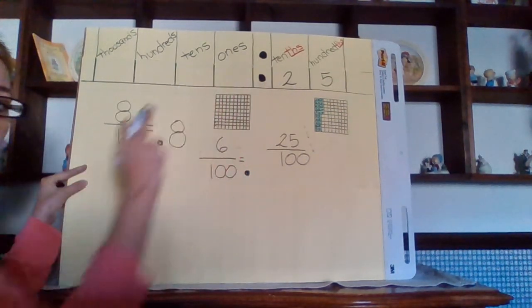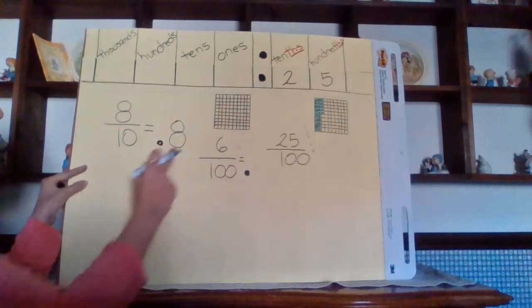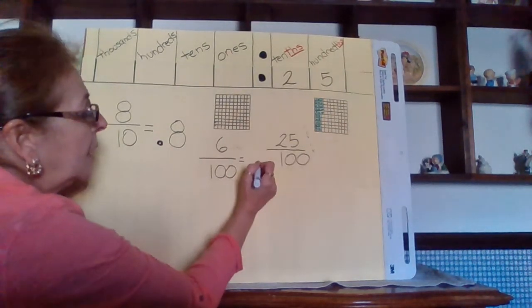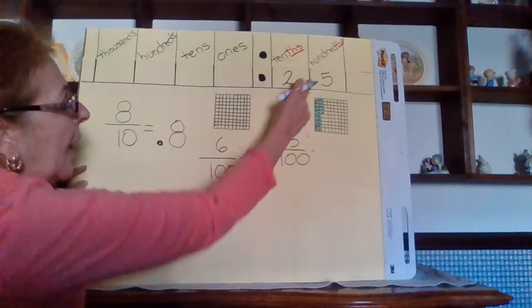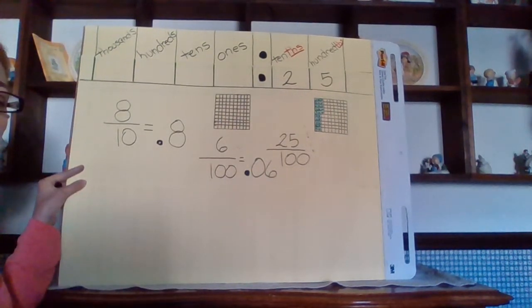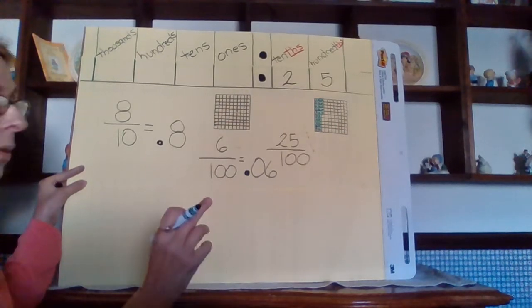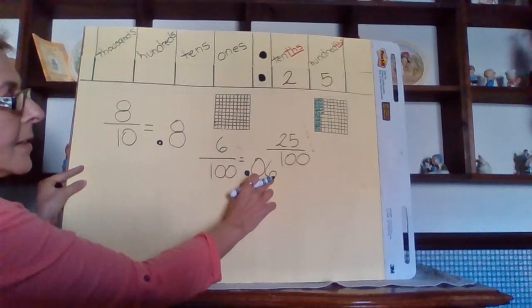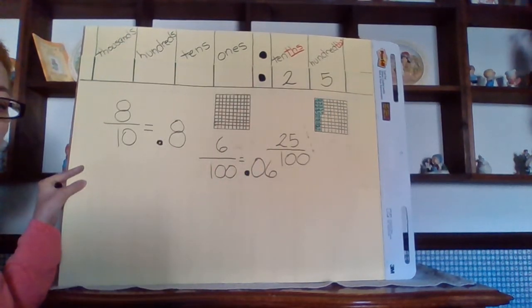Now, what am I going to put in my tenths place? Well, I don't have anything to put there. So what is that? 0 is my hero. 0. And then 6 is going into my hundredths place. So 6/100, 6 in the hundredths place. That's how I would read that decimal number.